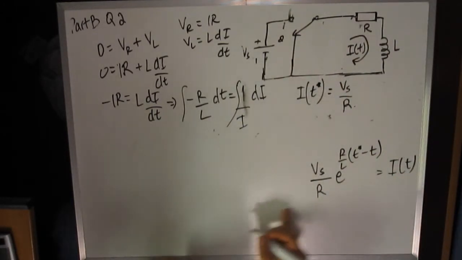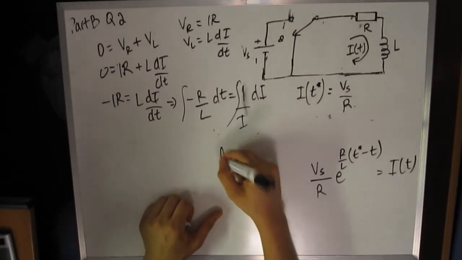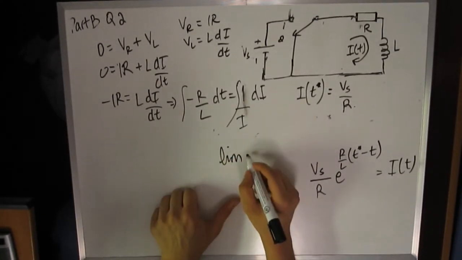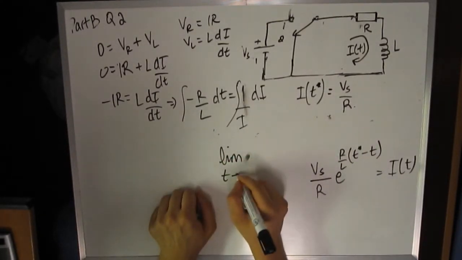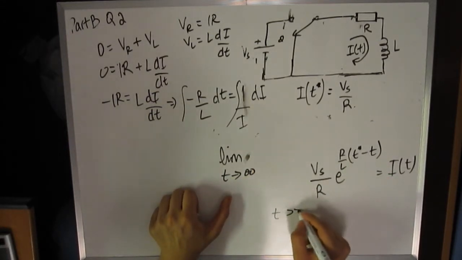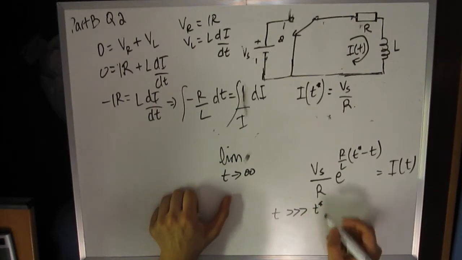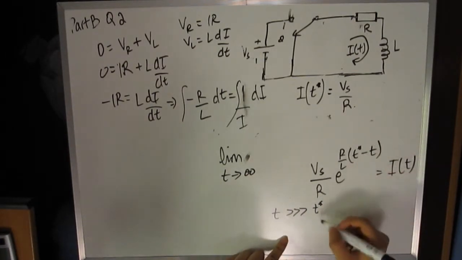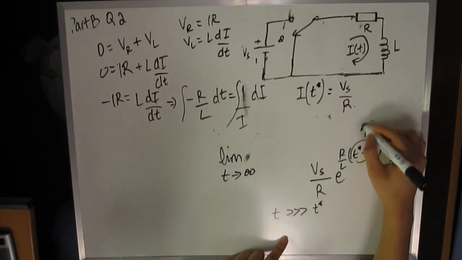Now one important thing to note would be your limit. The limit would be as t approaches infinity. Now as t approaches infinity, t is going to be significantly greater than t star. So you're going to end up getting a negative number here.